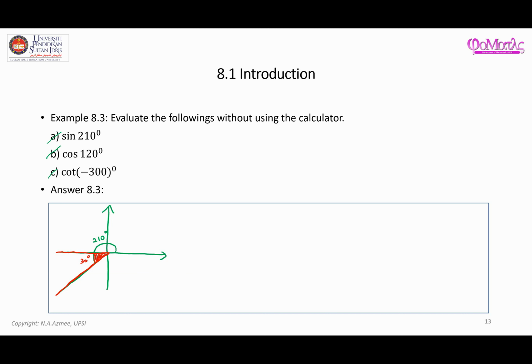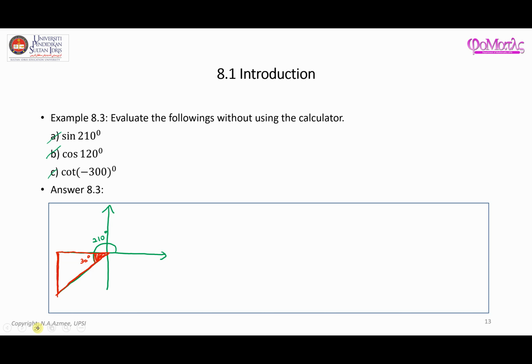So I need to think of what possible values I can consider here. For this one, this is the opposite side, adjacent side, and hypotenuse.